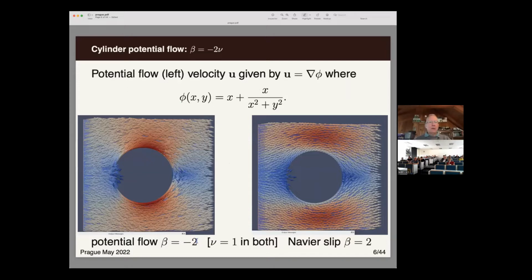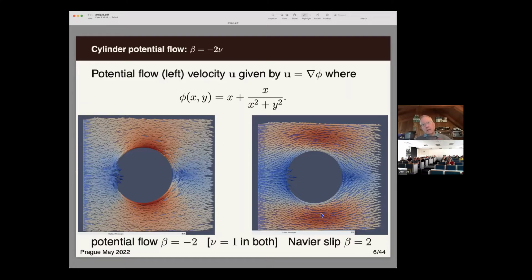Now, I said that it's been shown that the potential flow is a solution with beta equal to -2. And you can see quite strong differences. So in particular with potential flow, as is obvious from the simple algebraic expression, the flow fore and aft is symmetric. There's this fore and aft symmetry, whereas that is broken here when you put a little bit of friction.